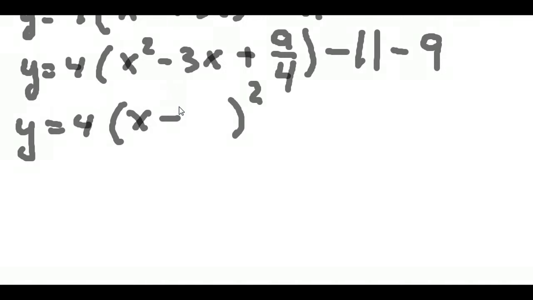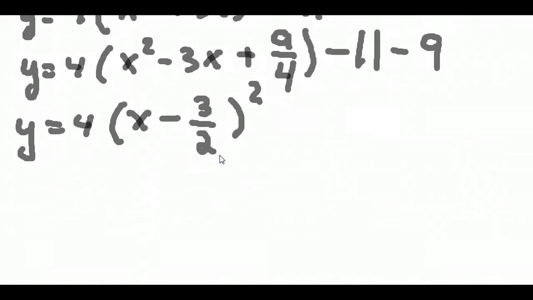So that 3 over 2 is the same thing as the second term in the factored form of this trinomial. So we have open x minus 3/2 closed squared. And if you were to FOIL that out, you would get x squared minus 3x plus 9/4. So it's just a little trick to look at it. You go, oh, the c term, the one that I created, I squared. So when I'm trying to factor it, you take the square root of it, and that's your answer.